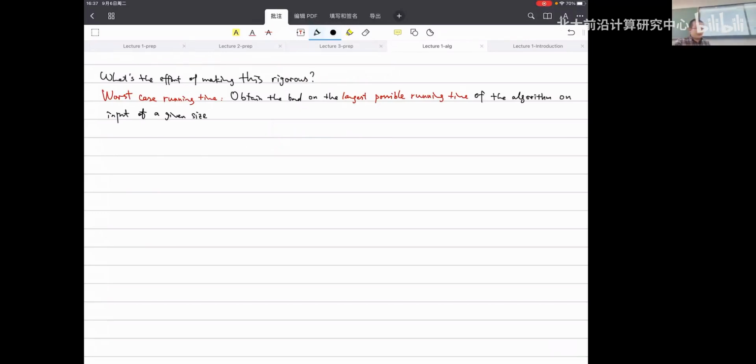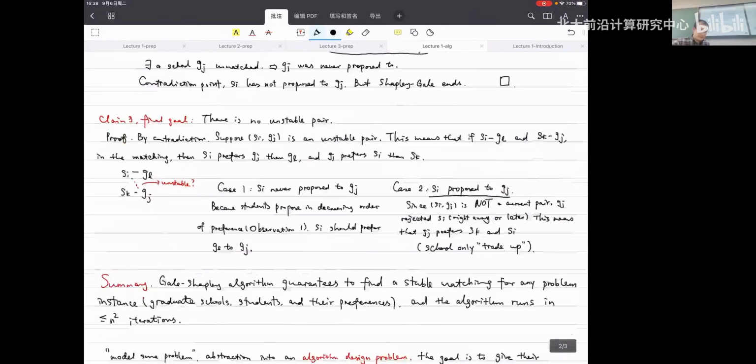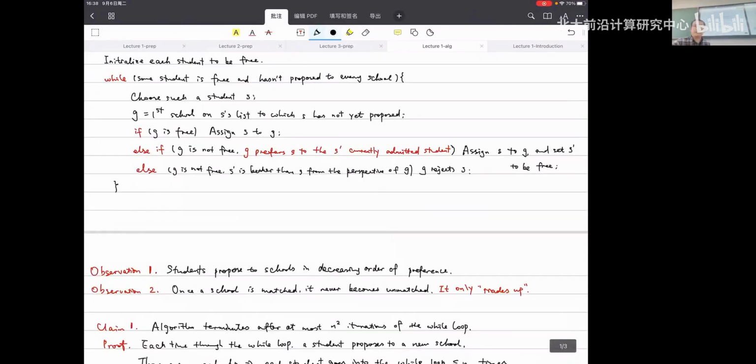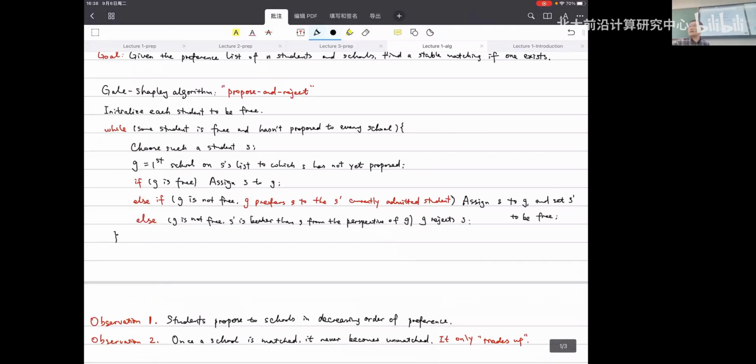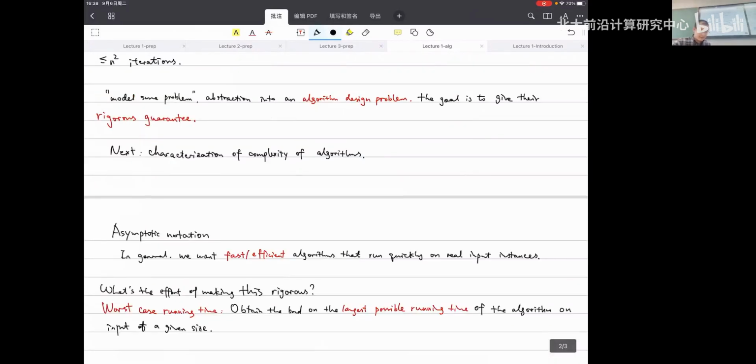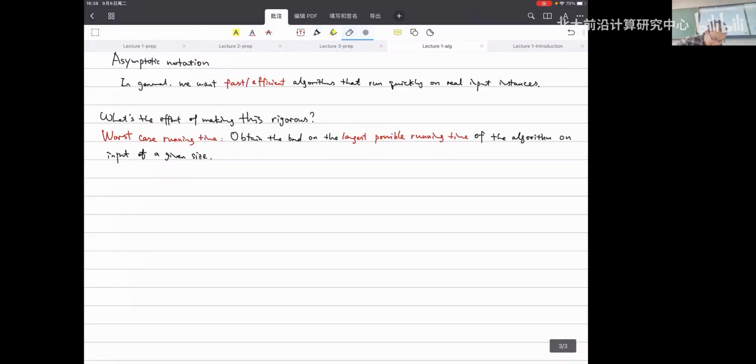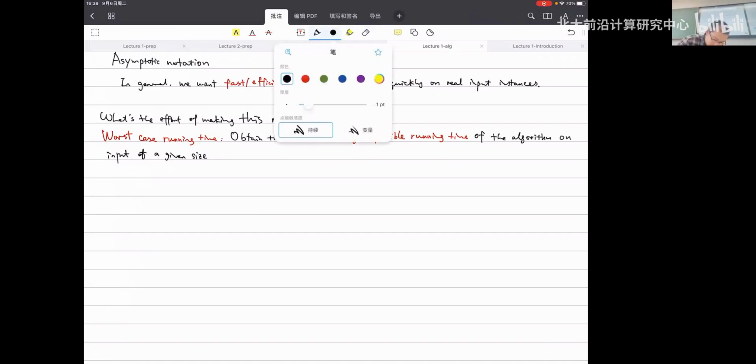So typically, because we are actually going to talk about some real problems, we are going to have some inputs. For instance, we talk about this stable matching problem, although we do admit this is really like a toy problem, but we have n schools and n students, and this n is basically the size of the problem. You will later see that in a lot of places in our class, we will use this size, maybe just write size n.